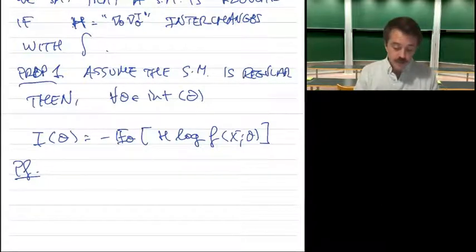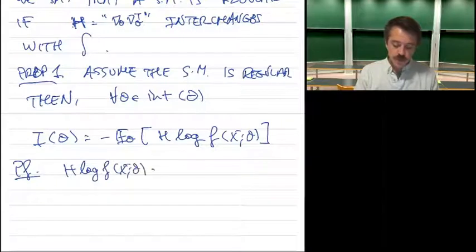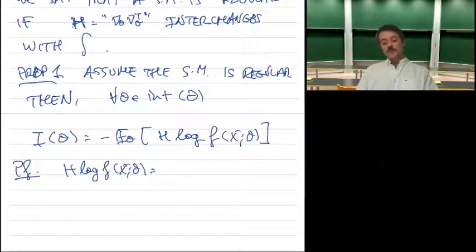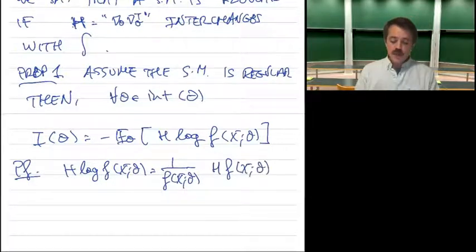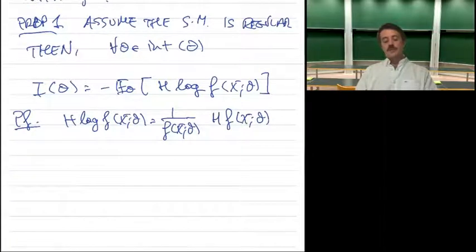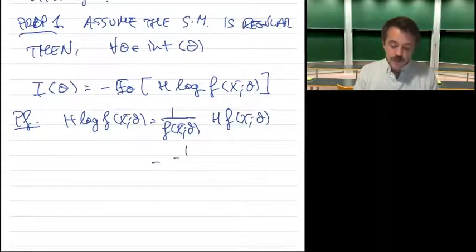Let's start by writing up the Hessian. That's probably the easiest thing to do here. What is this? Well, it is the second derivative of a logarithm, so it should be something like 1 over f(x, theta) times the Hessian of f, and then minus 1 over f(x, theta) squared times gradients of f, times the transpose.